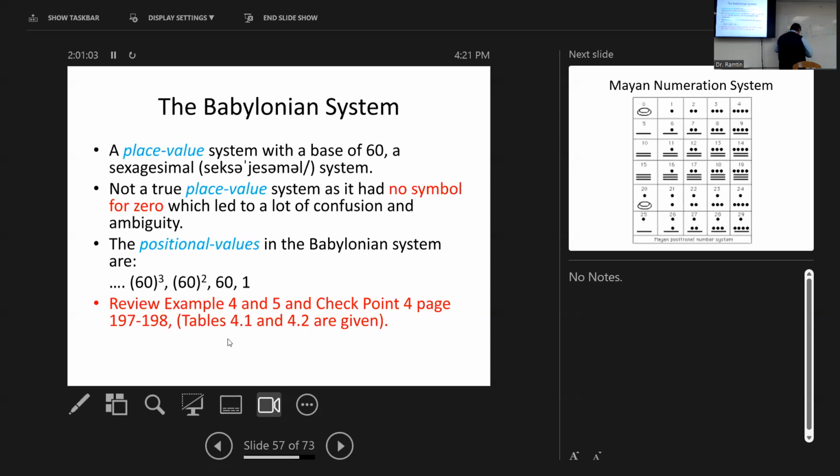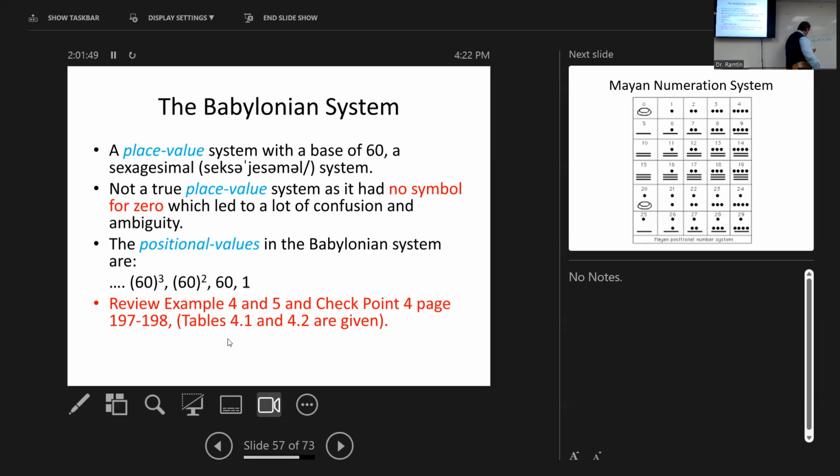So we get 1 times 60 times 60 is 3600, plus 10 here times 60, plus 1 plus 1 is 2 times 1.